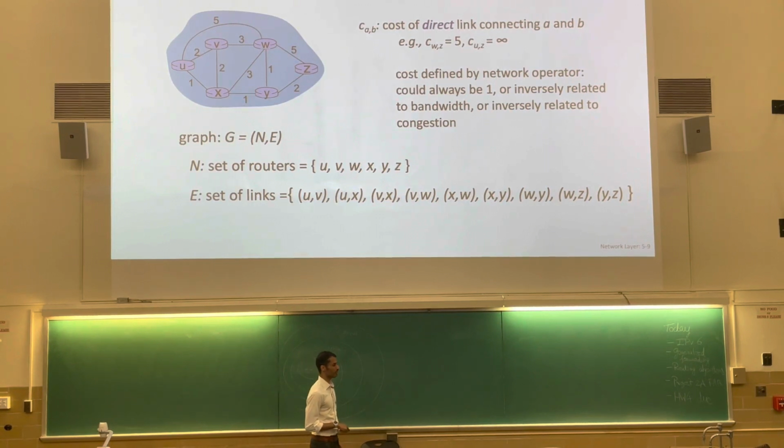And like I said, these costs could be representative of how long they are, how thin they are, or some combination of the two, or how congested they are. Where these costs come from, we will put on the stack for a while as we look at this problem in the abstract, and then we'll revisit how these costs are actually assigned by network operators.